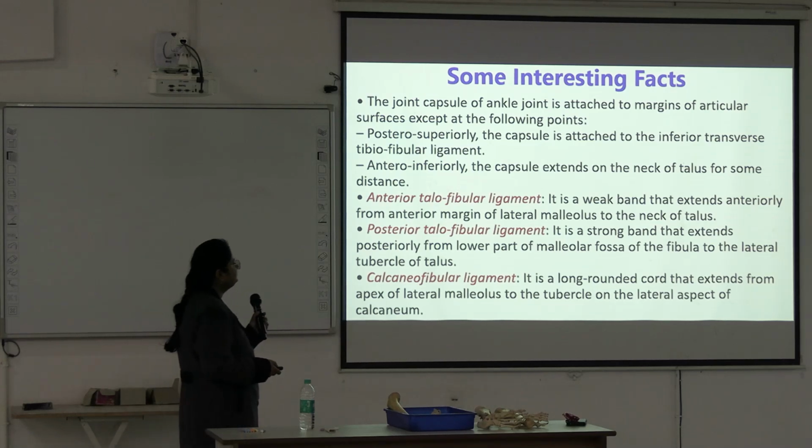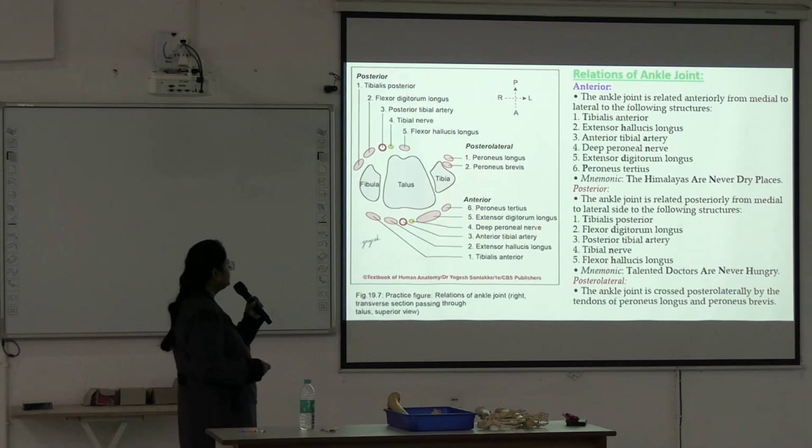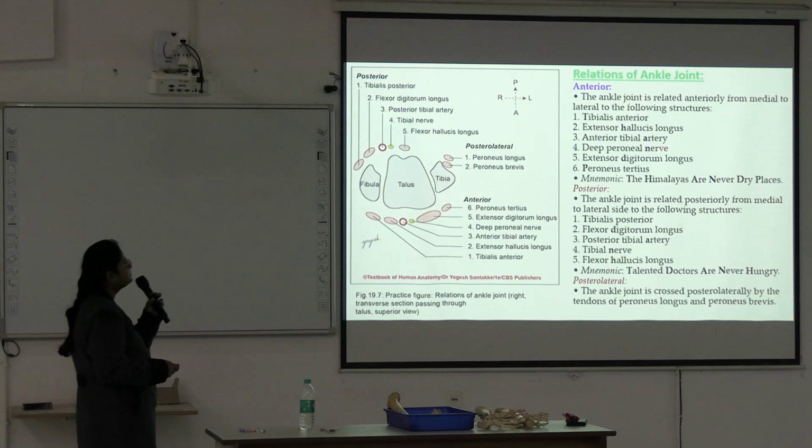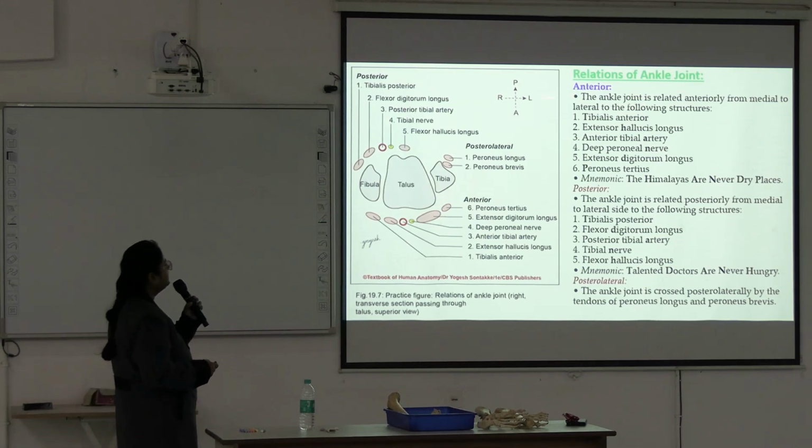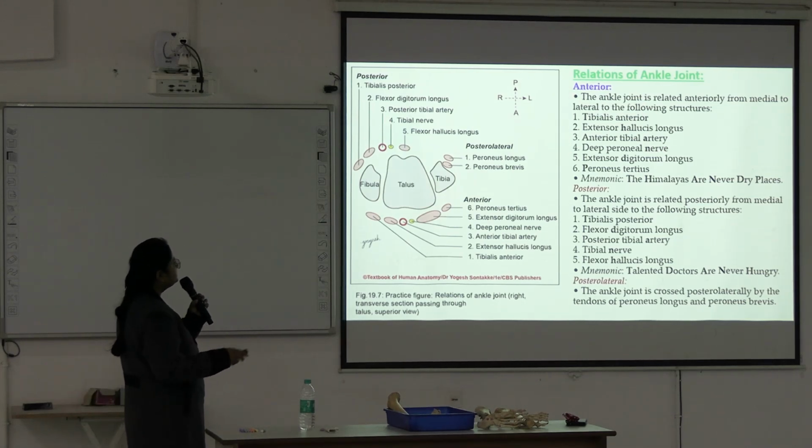Next we go to the relations of the ankle joint. First, the anterior relation. See, this is a cross section through the ankle joint. In the mid portion there is the talus, medially the tibia, the tibial malleolus actually, and this is the fibula or lateral malleolus.